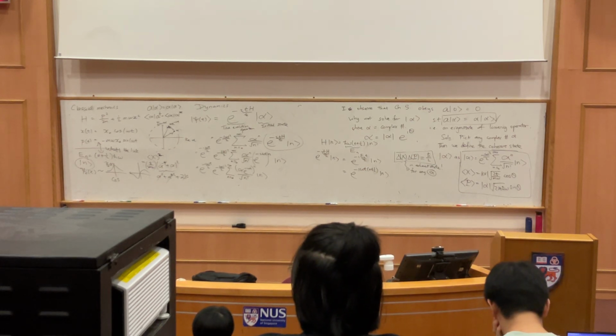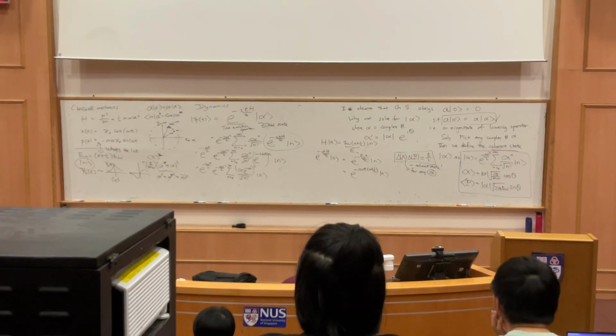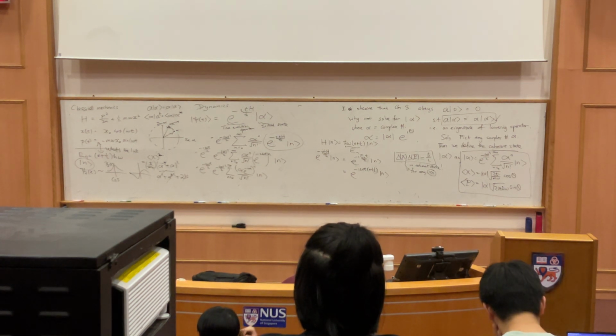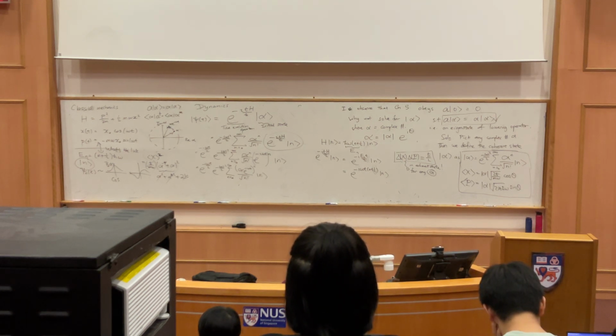The modulus remains the same, because as you can see, e to the power minus i omega t has modulus 1. So it stays in the circle, right? But where it is on the circle is changing, and it's winding around, it's a clock. So this, in the complex plane, is moving just like a clock. This is where the simple harmonic oscillator is coming out, right?